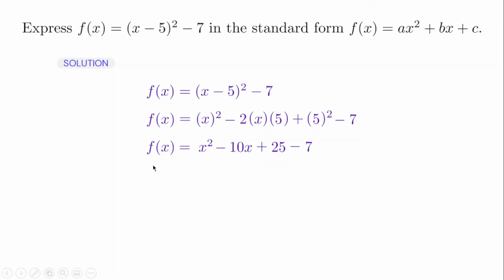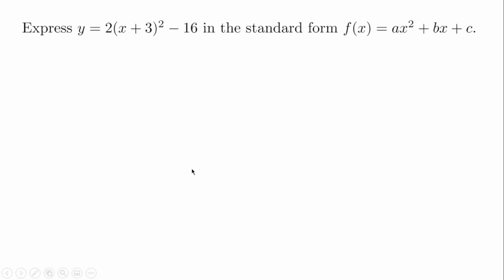So we have f of x equals x squared minus 10x, positive 25 minus 7 is positive 18. So the standard form for f of x equals the quantity x minus 5 squared minus 7 is f of x equals x squared minus 10x plus 18.